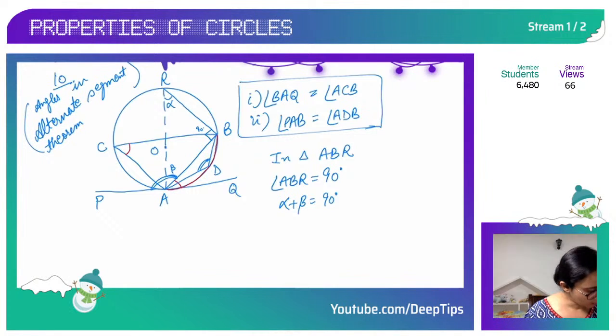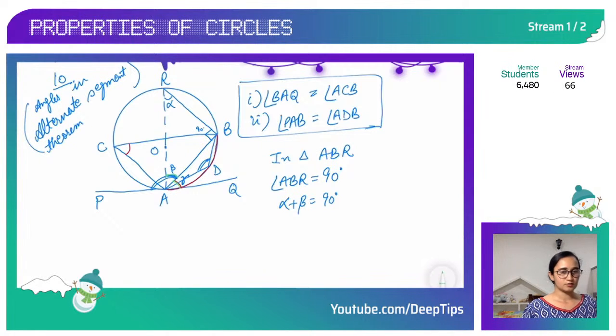Now if I mark this angle as gamma, okay, so this is beta, this much. I'll highlight it with green. So this is beta and this is gamma.